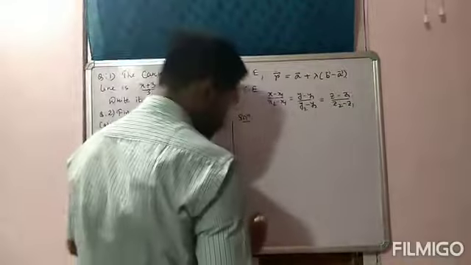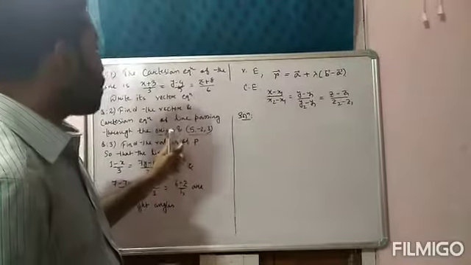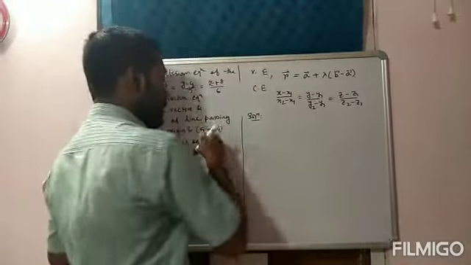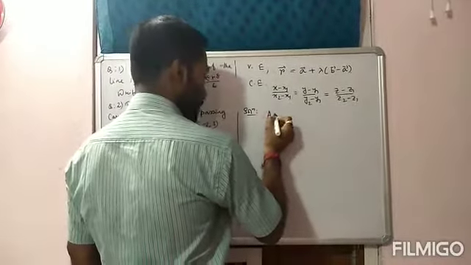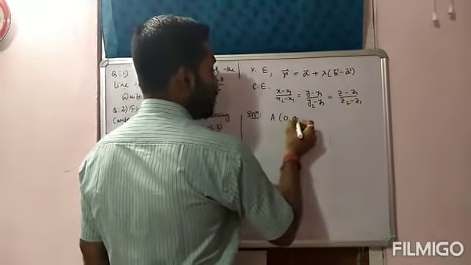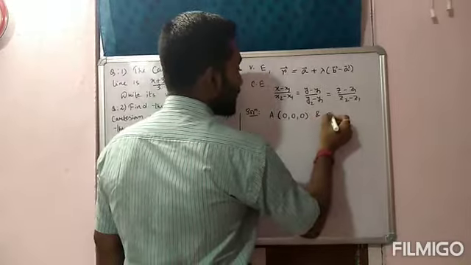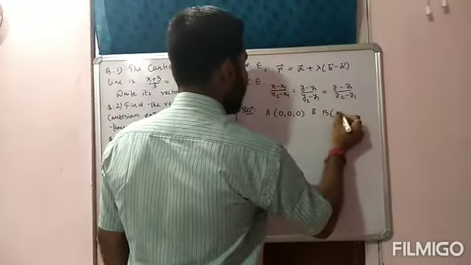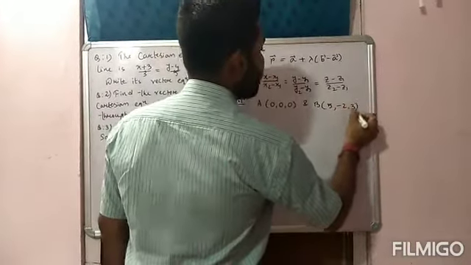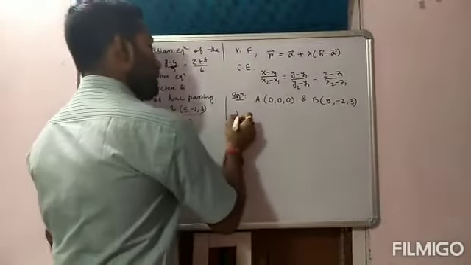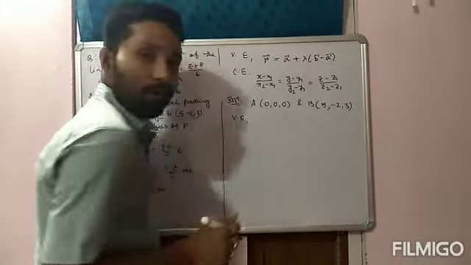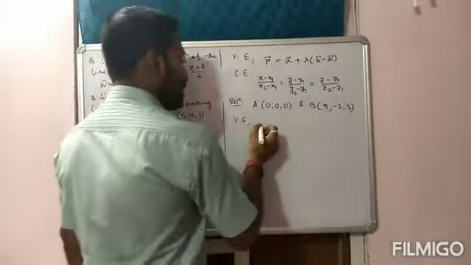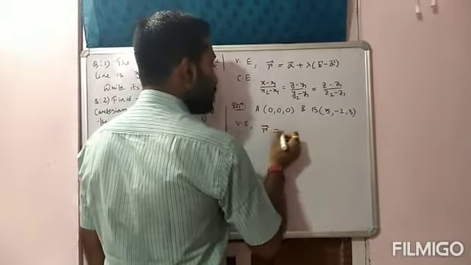Now I will write the solution. Since the line is passing through the origin as well as the point 5, minus 2, 3, let the first point be A (0, 0, 0) and the second point B, capital letter B, (5, minus 2, 3). First of all I will write the vector equation. These are small, short questions only. So the vector equation will be R bar is equal to a bar.